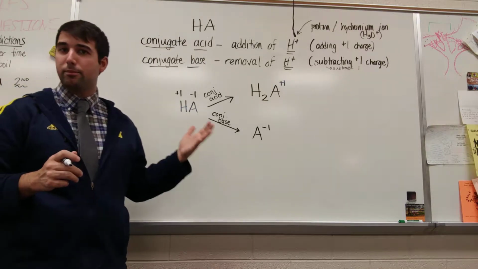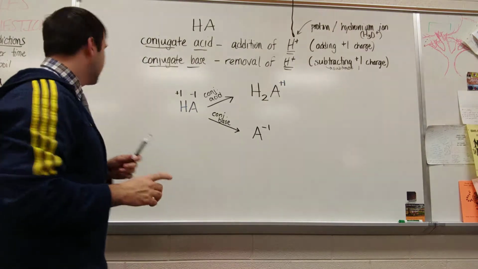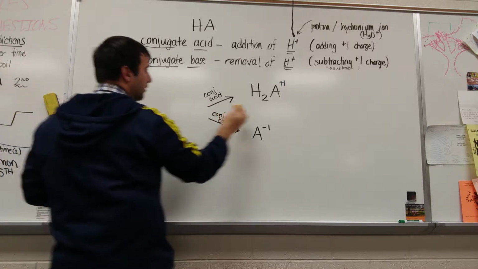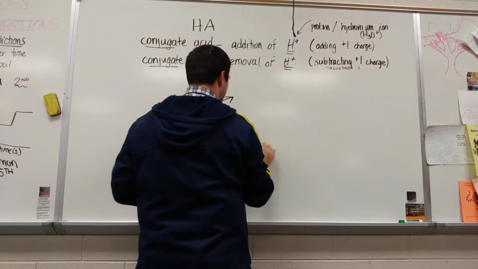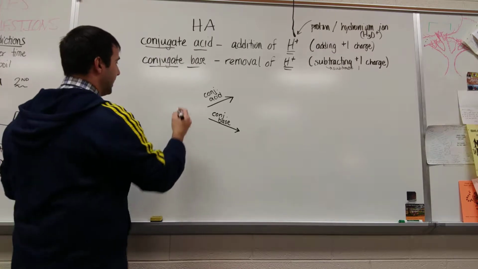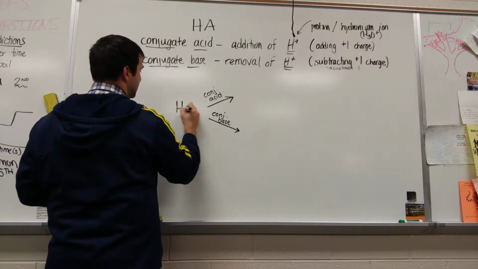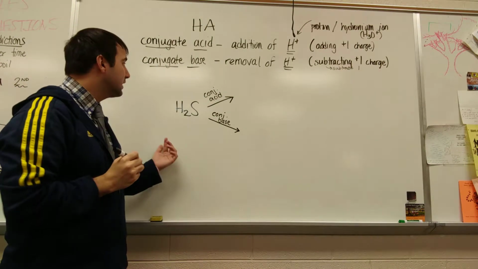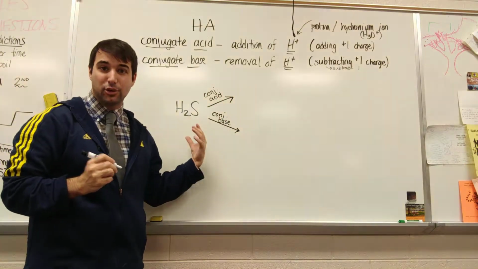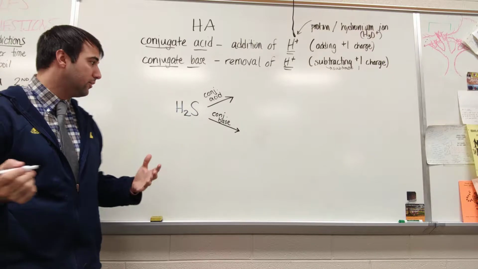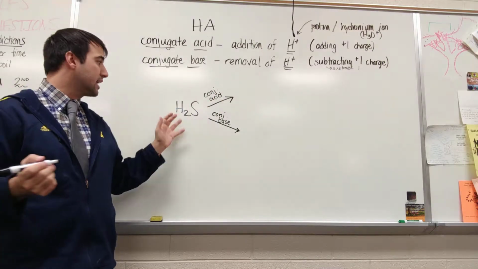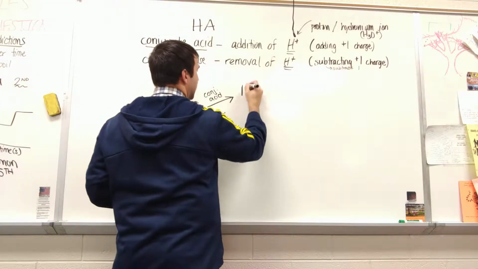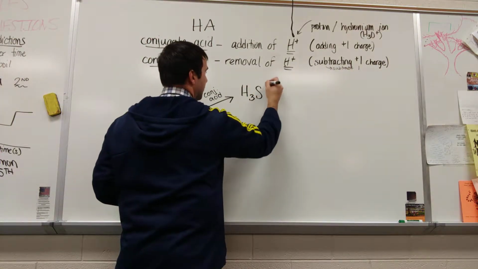Now, I'm going to do this for a bunch of them. Instead of HA, let's say I had H2S. If I want to write the conjugate acid of H2S, if this was something that was real, I'm protonating H2S, giving it a proton. I add H, and it would be H3S+.